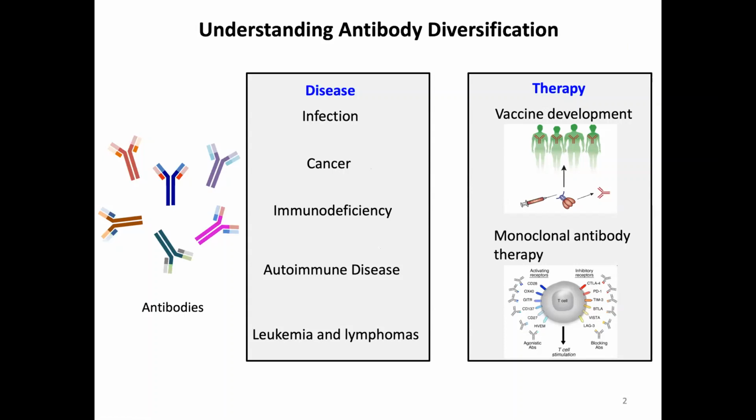So the numerous antibodies in our body are generated through a process called antibody diversification that plays a major role in protecting us from infection, diseases, and various cancers. Conversely, defects in this process can underlie various diseases ranging from immunodeficiency and autoimmune diseases, and also can contribute to the oncogenic translocations reported in leukemia and lymphomas.